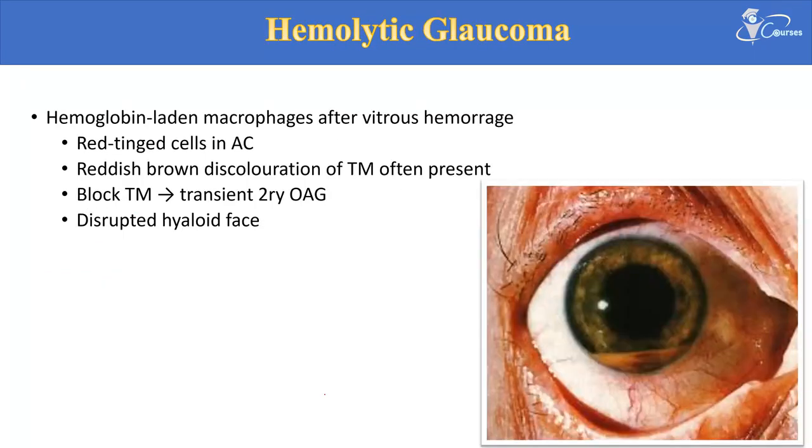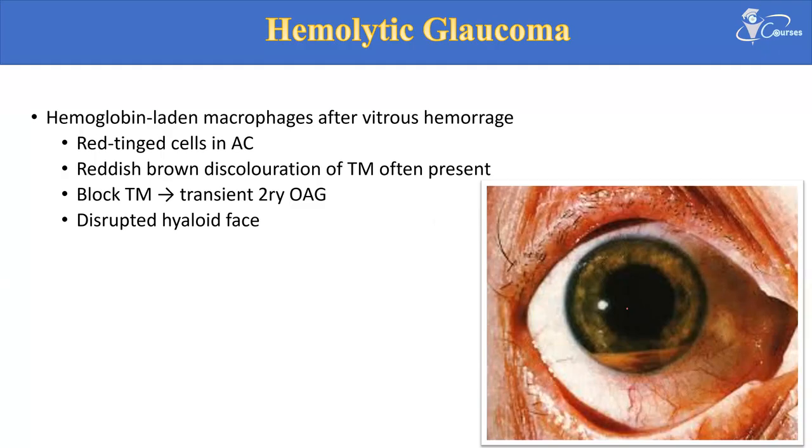Another kind of traumatic glaucoma is called hemolytic glaucoma. It occurs after vitreous hemorrhage. If a patient has trauma that results in vitreous hemorrhage, and there is no barrier between the anterior and posterior chamber, like if the patient is aphakic or has a disturbed anterior hyaloid, then the RBCs will travel easily from the posterior chamber to the anterior chamber.